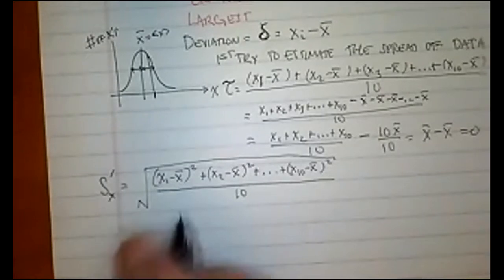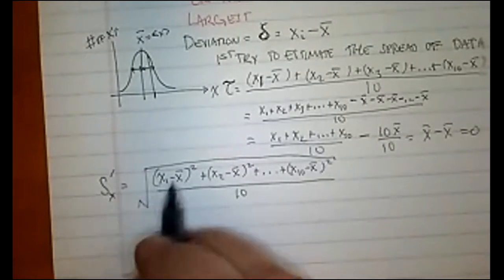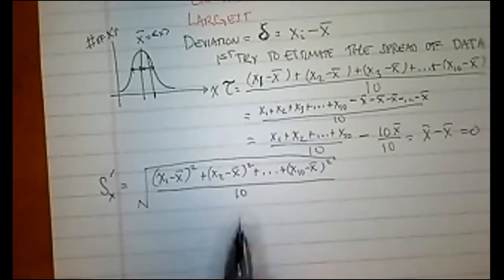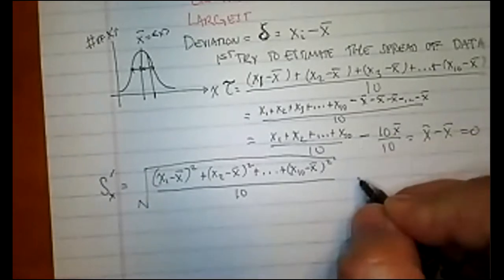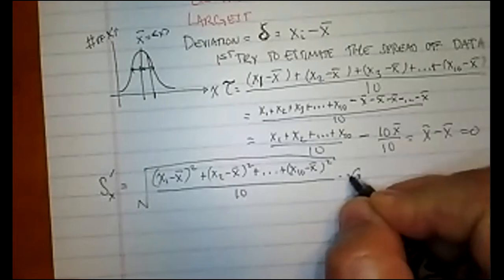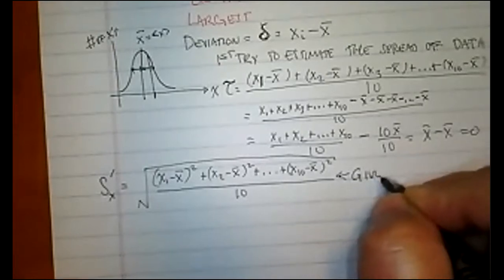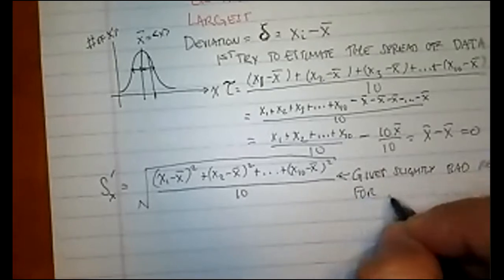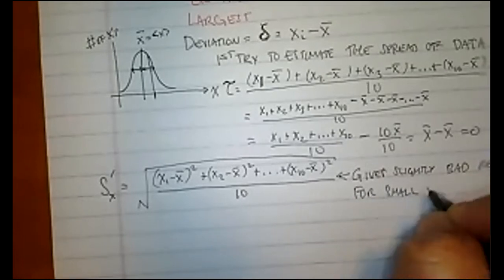This is close to the standard deviation. It's what you probably think is the standard deviation. But it turns out this actually gives slightly bad results for small sample sizes.